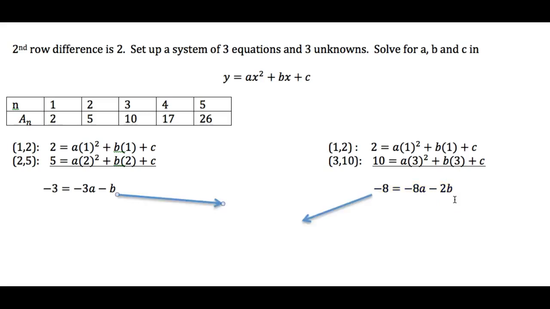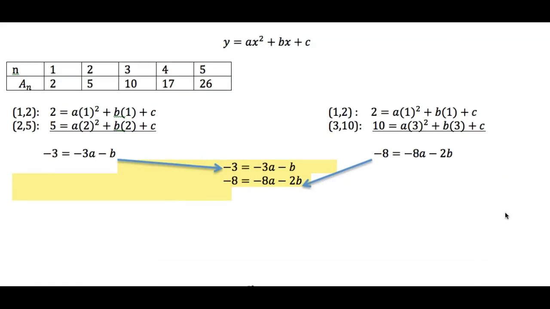So I'm going to take these 2 equations and set them up to eliminate a variable. To eliminate, I have to get one of the variables to be the same. So here I had negative b and a negative 2. So I've got to multiply the top equation by negative 2 in order to eliminate this b.